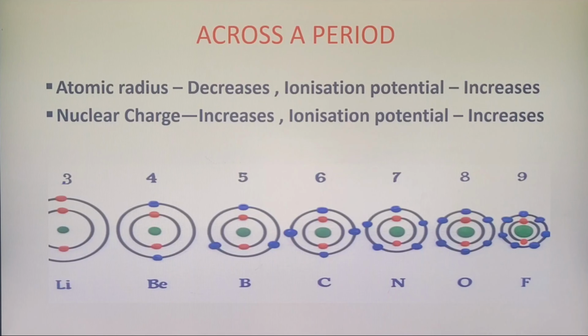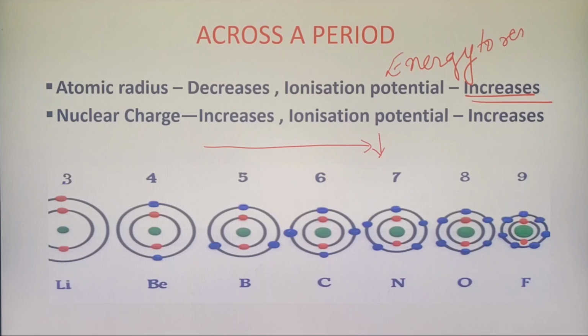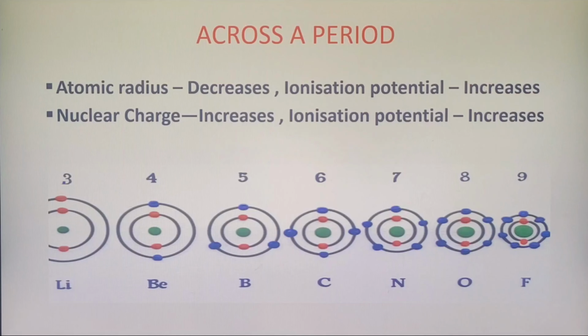So as the atomic size decreases, the electron is nearer to the nucleus. So I have to provide more energy to remove an electron. So the more energy I have to apply, the more will be the ionization potential.